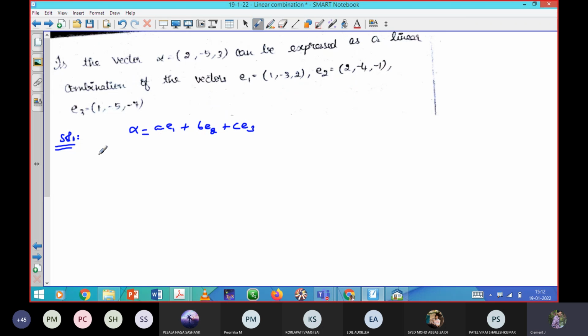So first we can expand it, very simple logic. Please listen. (2, -5, 3) is equal to a into e1, that is (1, -3, 2), then b into the next vector, and c into the next. Instead of a, b, c, you are allowed to use a1, a2, a3, that's your wish.